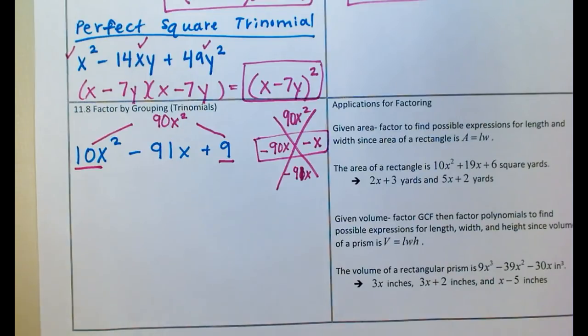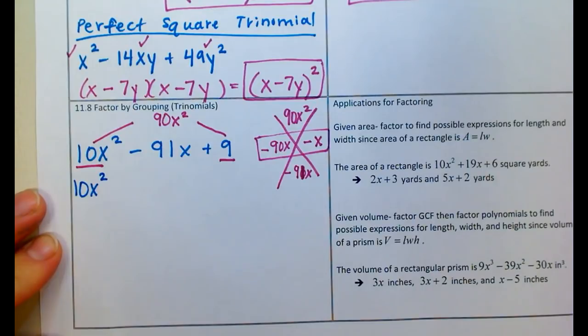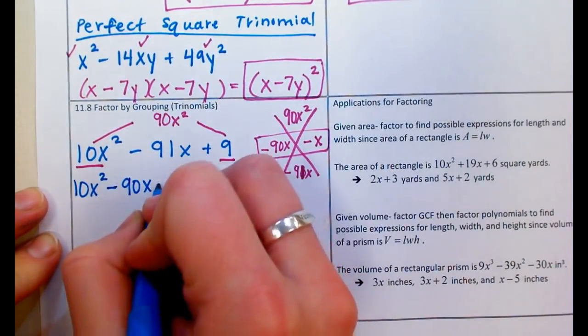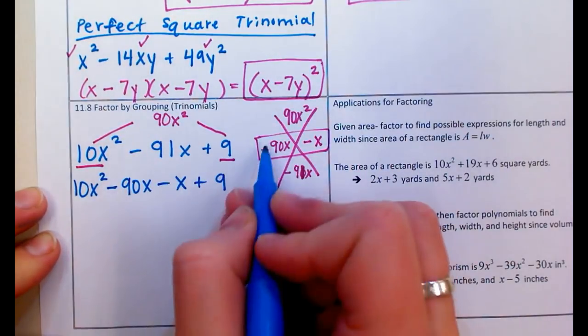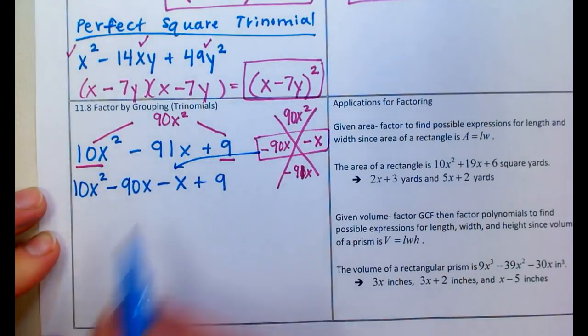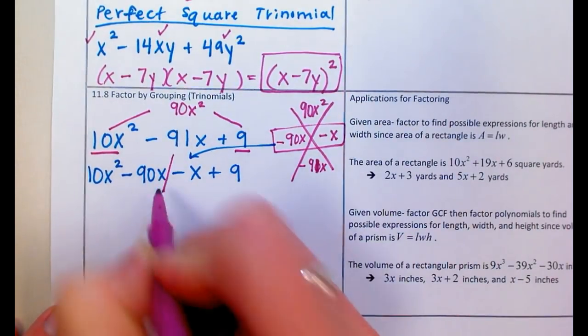So then I rewrite my trinomial as a 4-term polynomial, 10x squared minus 90x minus x plus 9. All I did was replace these two terms in the center to rewrite that middle term. Now that I have 4 terms, we factor by grouping.